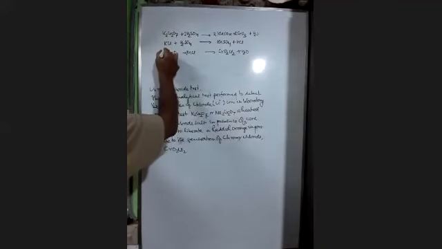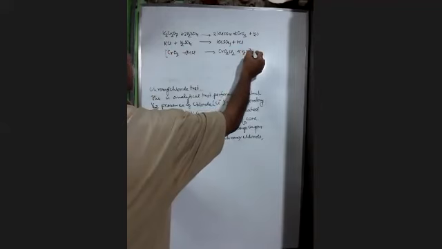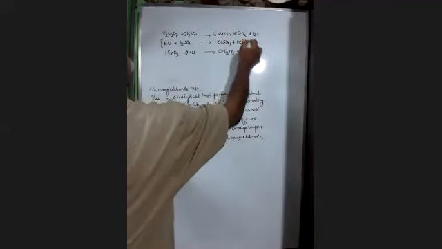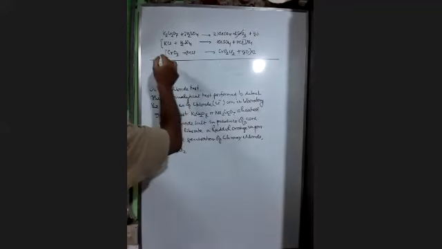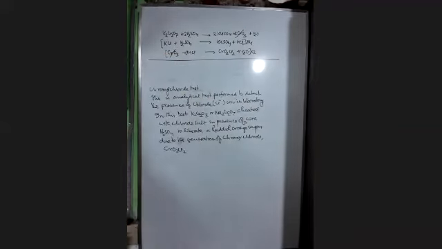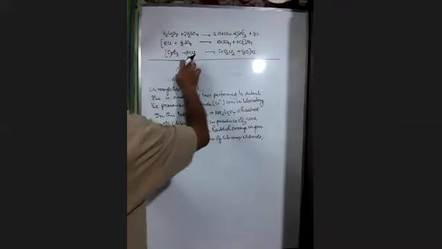Now see, how many chromium are there? 2. I shall multiply the equation by 2. How many HCl do you require? 2 into 2, 4. This equation gives you 1, so I shall multiply it by 4. Don't break your head, it's very easy. I'll add it. So see, everything is balanced. Each and every step I balanced. 2 CrO3, 2 CrO3. 2 into 2, 4 HCl.